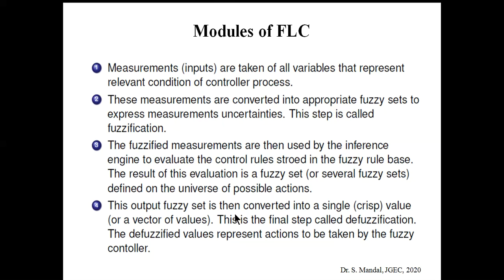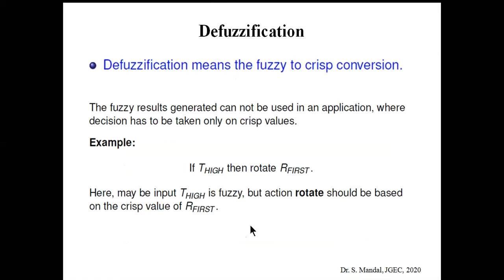Okay, so defuzzification is the final step, and the defuzzified values represent the action to be taken by the fuzzy controller. In this class, we mainly focus on the defuzzification process. Now, defuzzification. We already told that defuzzification means to convert the fuzzy value into a crisp value.